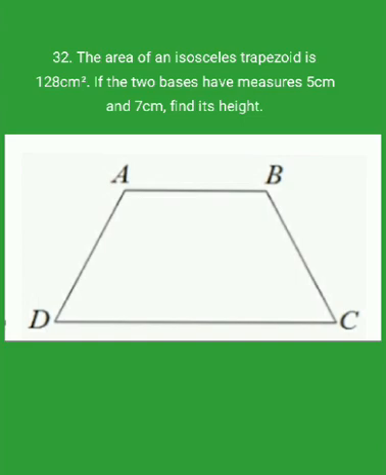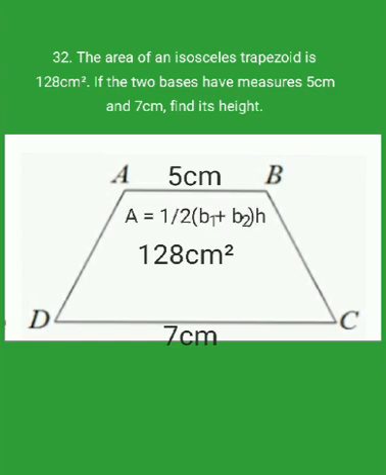The area of an isosceles trapezoid is 128 square centimeters. If the two bases have measures 5 centimeters and 7 centimeters, find its height. Area of a trapezoid is equal to 1/2 the sum of the two bases times the height. By substitution, we have 128 is equal to 1/2 times the quantity of 5 plus 7 times h.